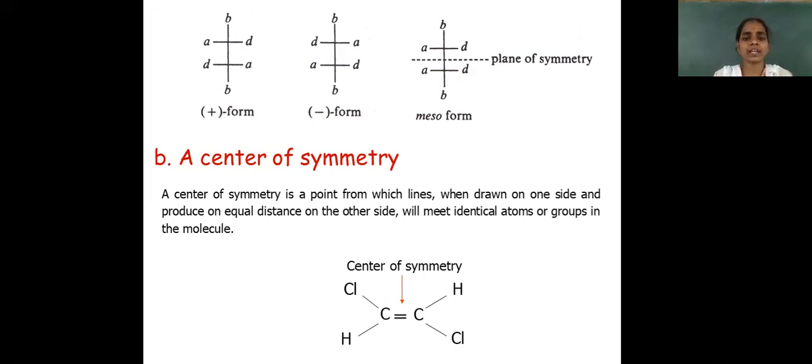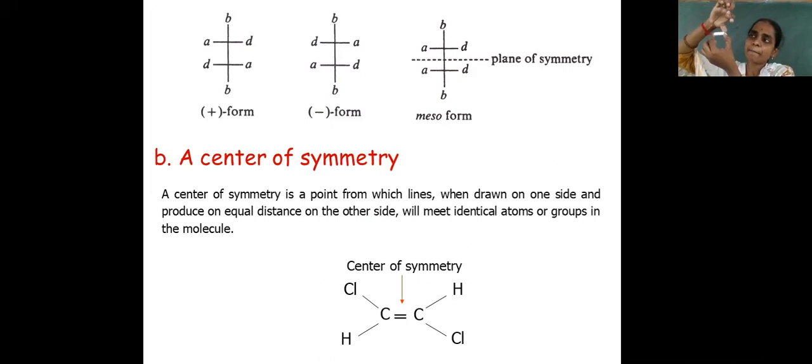Center of symmetry: I am taking one of the compounds here by considering one point. Considering that point, I am passing a line through the molecule. What groups are there?